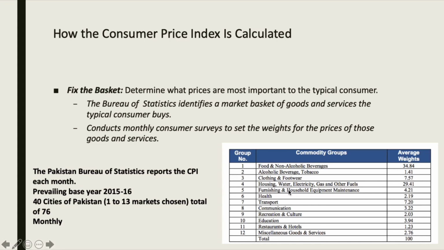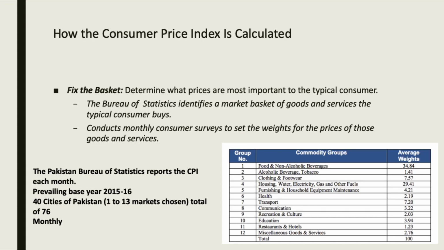You can see these things in the table, and then ranks them based on the amount of money people are spending on each of them. This way, they come up with a basket of items that a typical consumer or citizen of Pakistan uses. Once they've come up with this list of items that a typical consumer uses, they fix this basket.